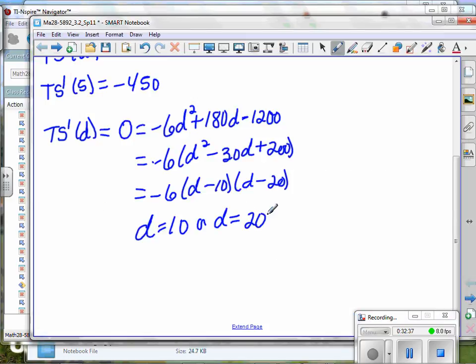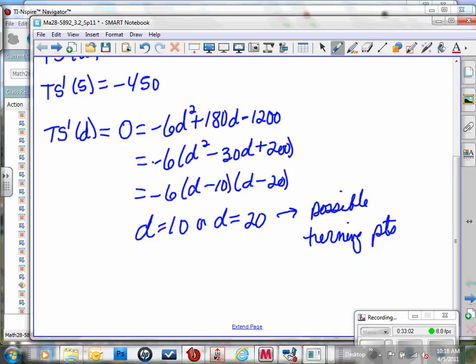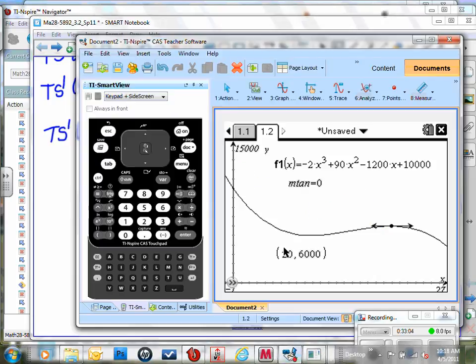Now I have to say that these are possible turning points, because there are some graphs where we can find those 0 slope tangent lines, and they're not turning points. We want to make sure we say possible turning points. Okay, let's look at this.